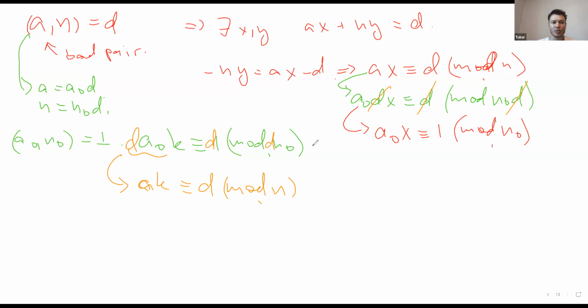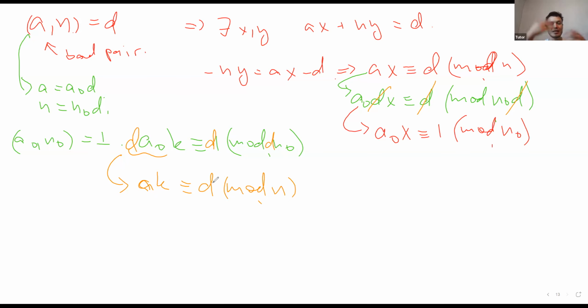So basically, what I'm trying to say is that if the numbers are bad, you can make them good, and they're going to have a modular inverse. So A0 is going to have a modular inverse mod N0. And now you can add the bad stuff back. But then the effect is that when you take A and multiply it by the original modular inverse, you're not going to get 1, but you're going to get D mod N, right?